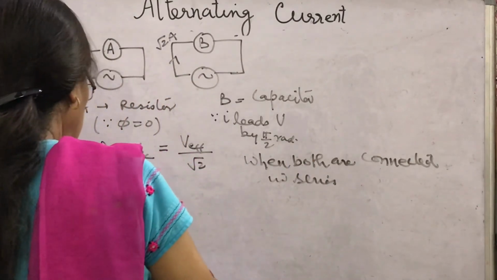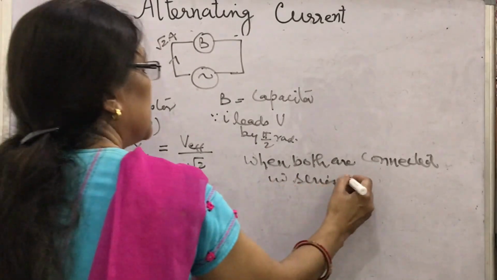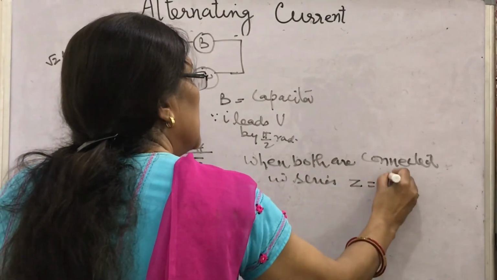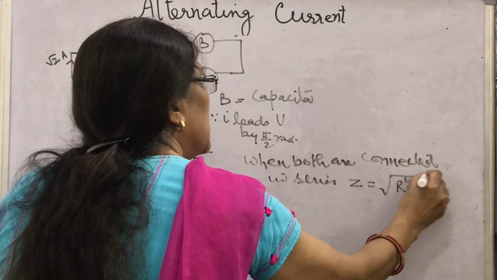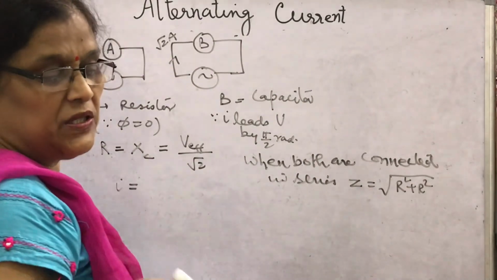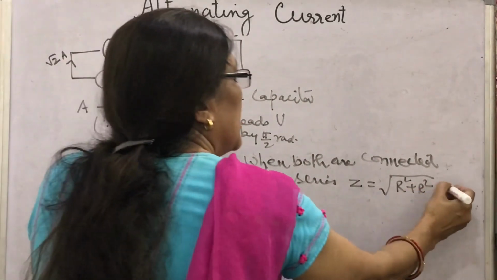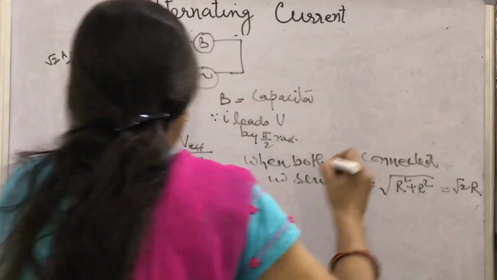Then what will you write for Z? Z will be equal to under root R square plus R square, since XC is R. So simple, what will be the Z here? This will be under root R square plus R square, that is root 2R.